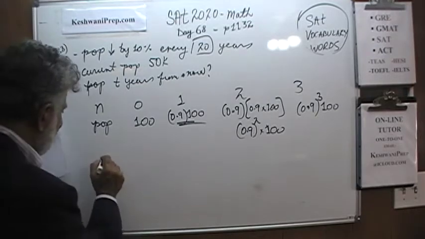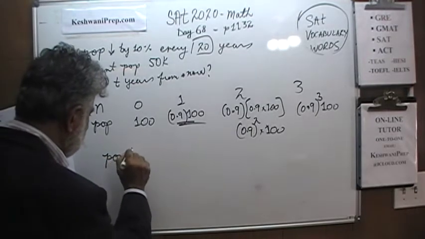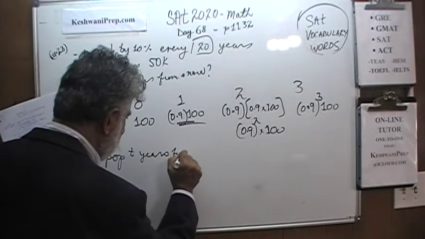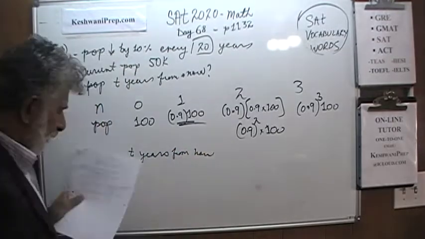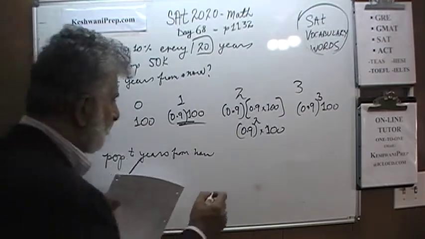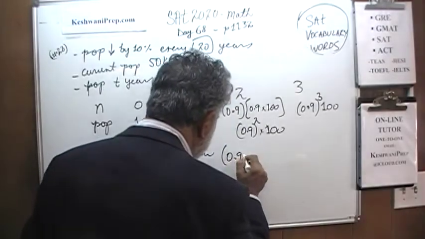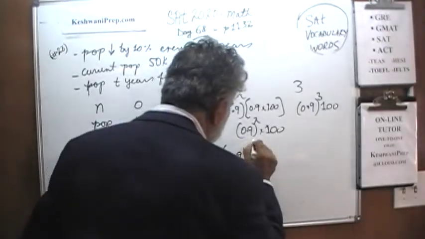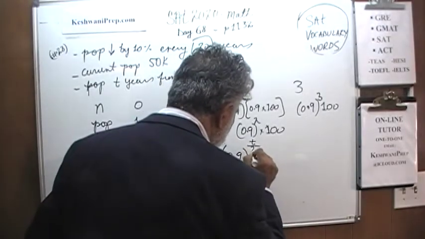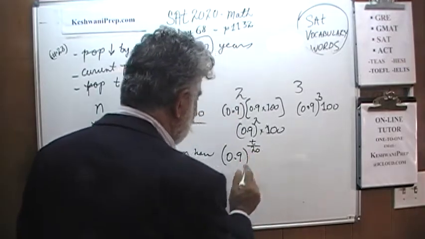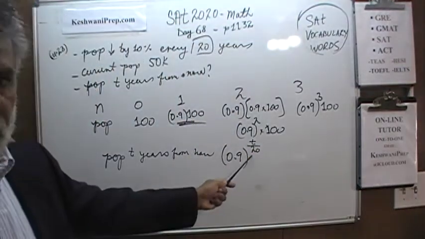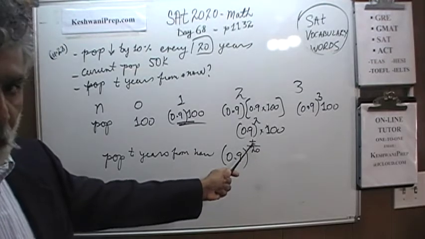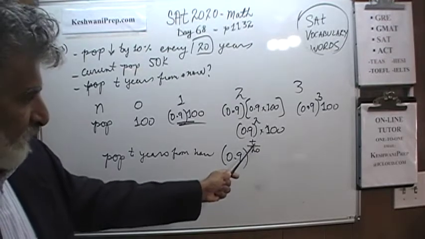Population T years from now is simply going to be 0.9. Now this is the tricky part. The period that has to be is 1/20th, because it drops by 10% every 20 years. So the first period is 20 over 20, the next period is 40 over 20, third period is going to be 60 over 20.